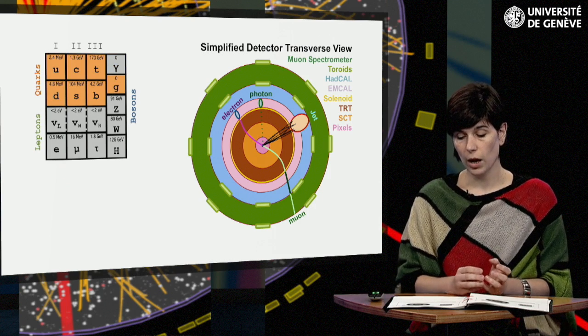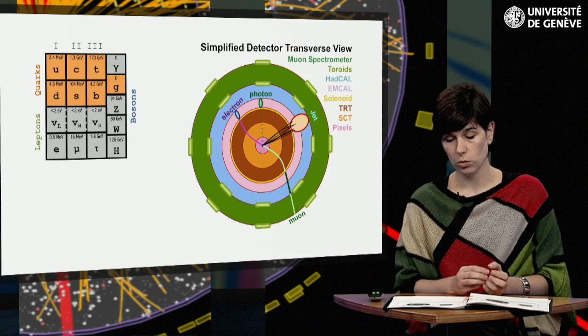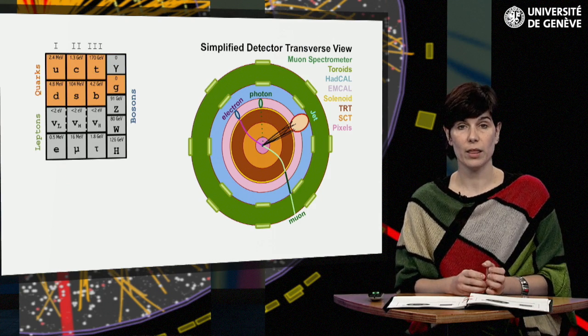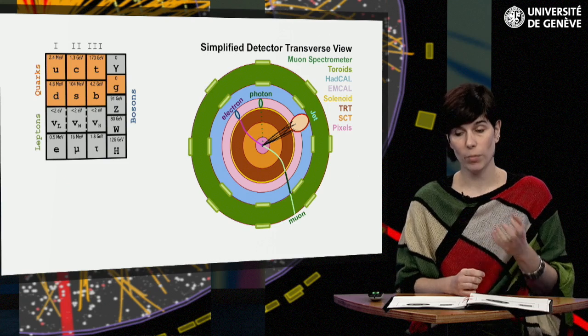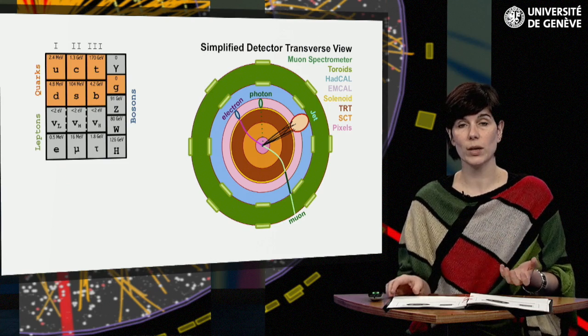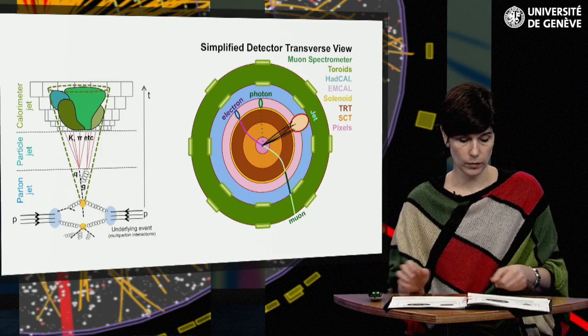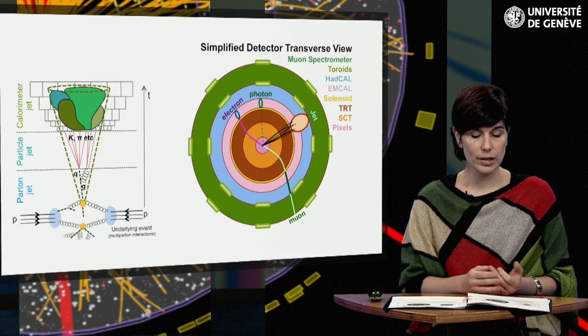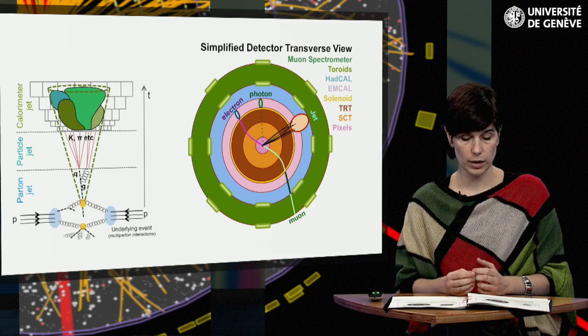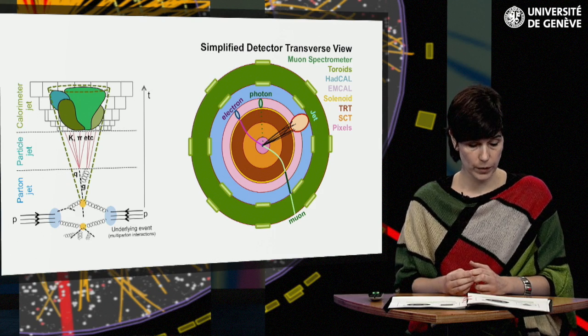Quarks and gluons are much more complicated objects to reconstruct. They can't live by themselves. They have to exist in bound states, as was already explained in Module 5. They hadronize and are therefore reconstructed in the calorimeter as a hadronic shower.